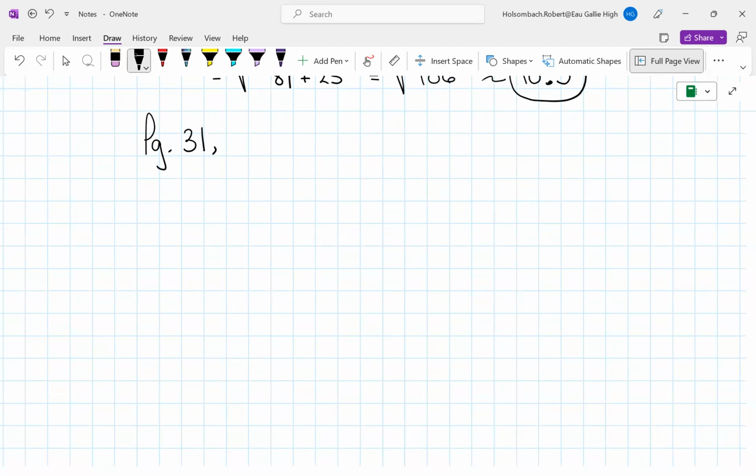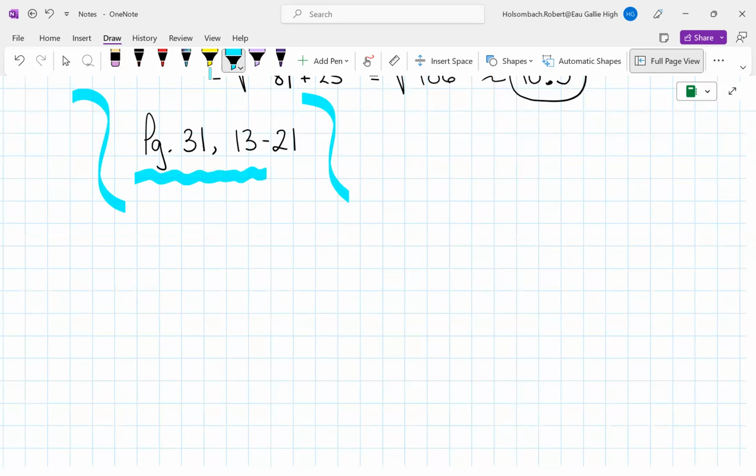Problems 13 through 21. Please be sure to check your odd answers. You need to be checking your odd answers in the back of the book as you're completing the assignment.